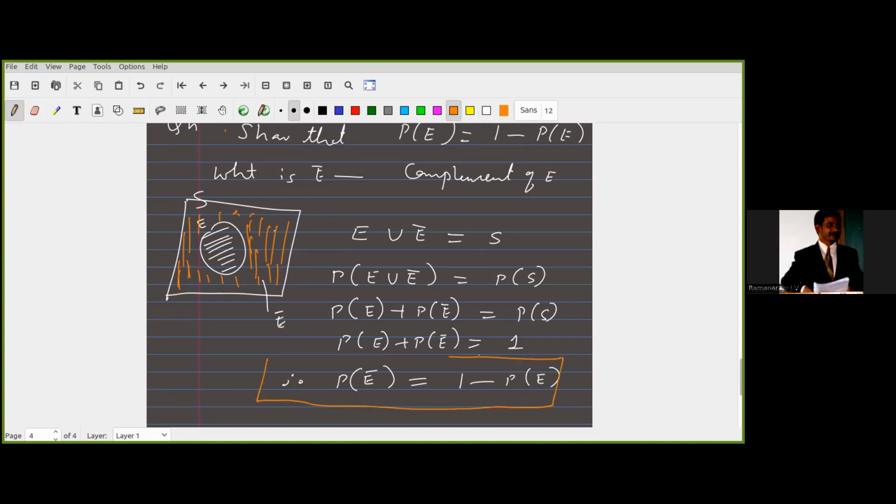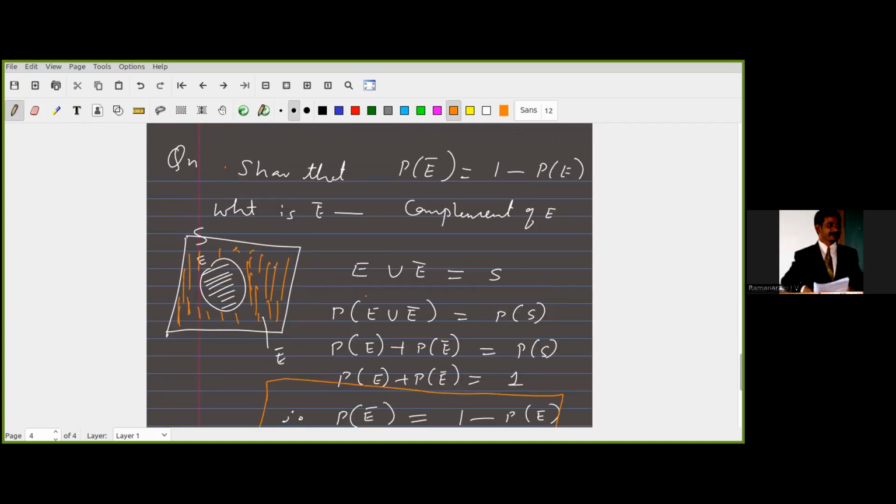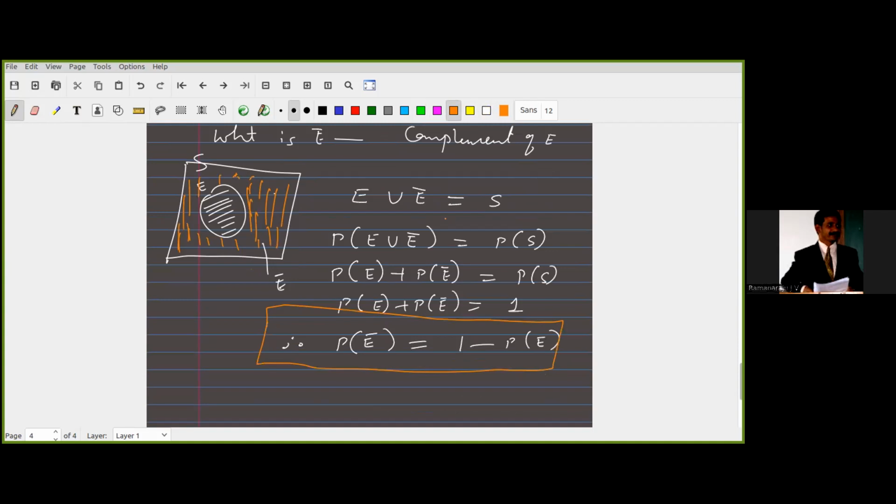You can use this proof, or you can even give another proof saying that P of E bar is nothing but the probability that the event E does not occur. So in that logic also you can prove this. It is a very simple proof.